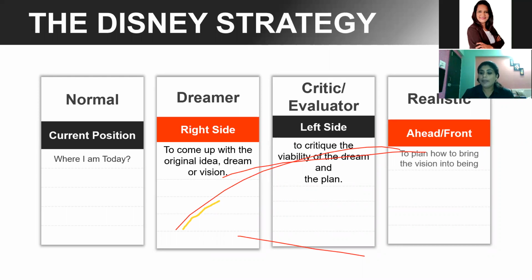So you need to be ready for the worst, which means you should be ready with a backup plan. You need to evaluate where you are and how you are going to get there. If something goes wrong, how will you solve that problem, or how will you come out of it? And realistic is to plan how to bring the vision into being.